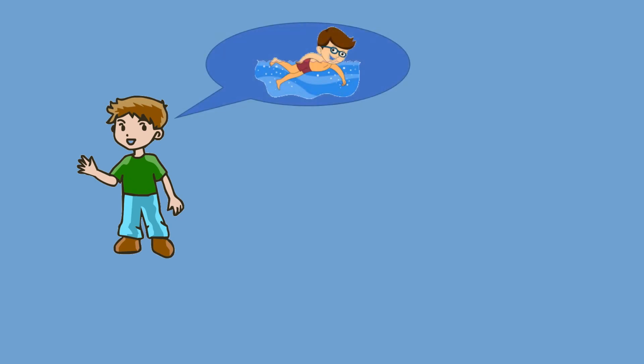Okay, so let's analyze a sentence with a modal verb. For example, this boy will say, I can swim. So physical ability, I'm able to swim. Ich kann schwimmen. When we analyze the sentence, we see that we use two different verbs. One is the modal verb and one is the main verb, schwimmen. Schwimmen is used at the end of the sentence as the very last element.